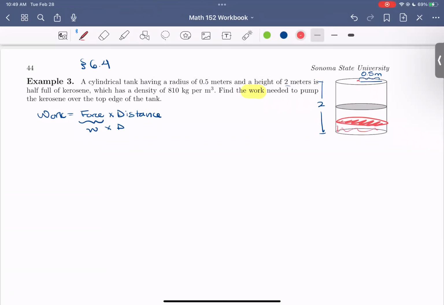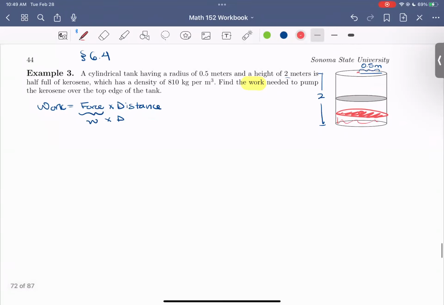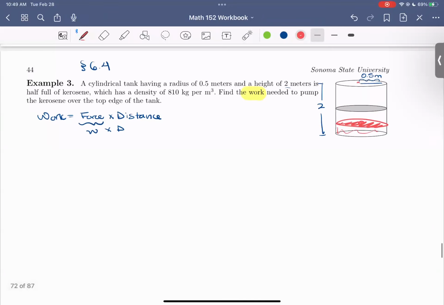We want to think of the problem like that because various levels of kerosene, maybe here's a little slice, are going to have to travel a different length to get to the top of the tank. If we just sucked up from the bottom, this layer would have to go all the way down and then up.